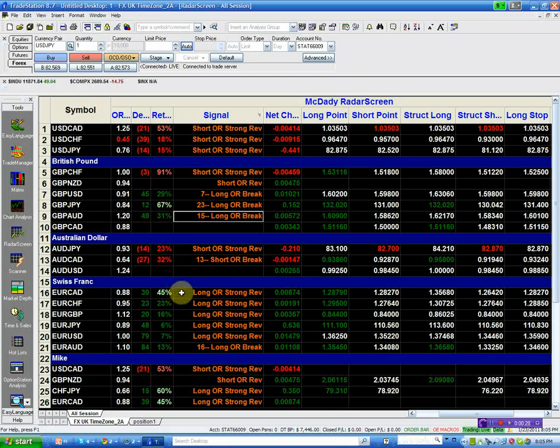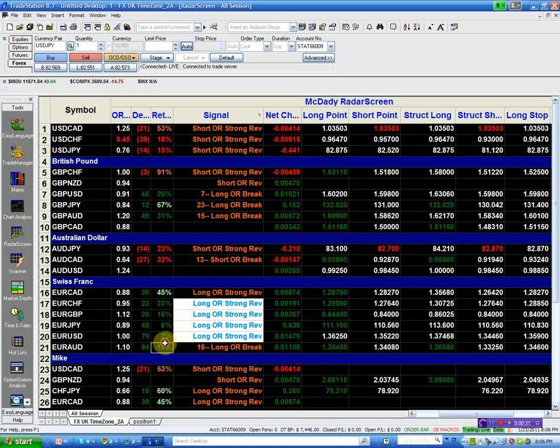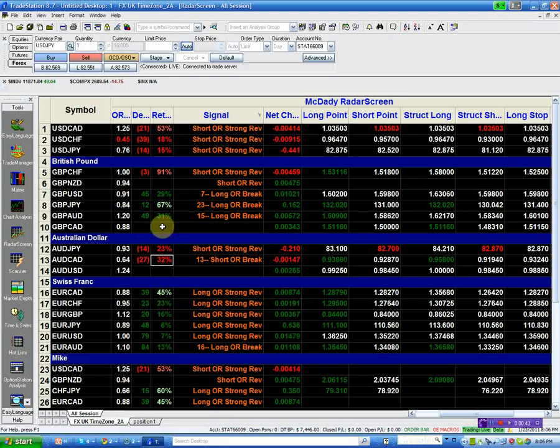You can see the euro, all of that very strong, closing near the high of the day. Yet the Aussie is weak against the yen, weak against the Canadian, and it's going nowhere. There is no long signal, there is no short signal against the dollar, and that is also another way to gauge strength or weakness.